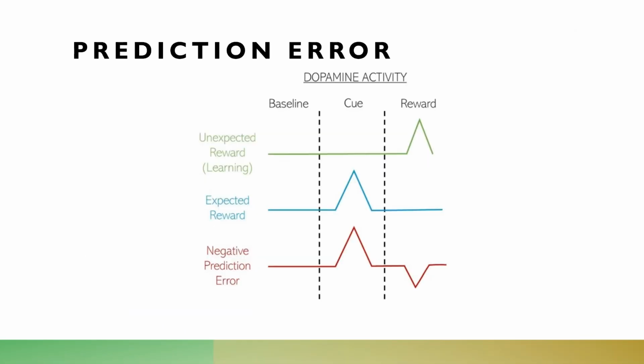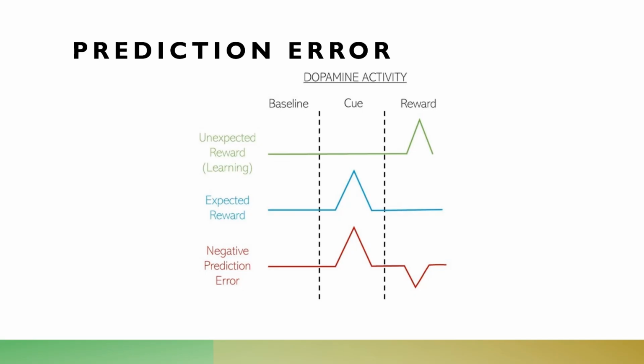So prediction error is, for example, you see a friend out of nowhere, he gives you a candy, then he repeats a few times. There's a spike in the reward section, as dopamine neurons increase to respond to the unexpected reward.